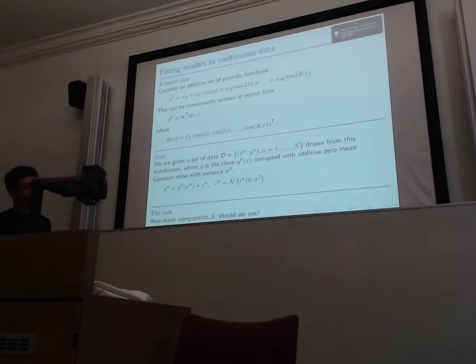One way to write this more generally is to say W is some linear combination of some function of the input x. Then we said maybe that's the clean output, and the real output is generated by this clean output plus some Gaussian noise.